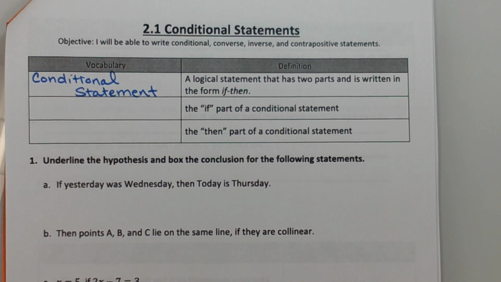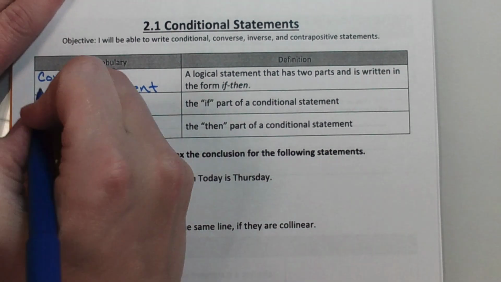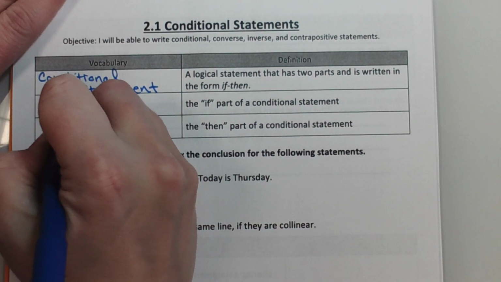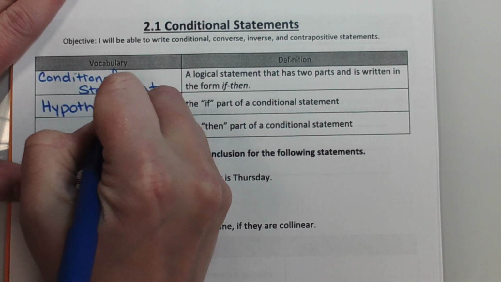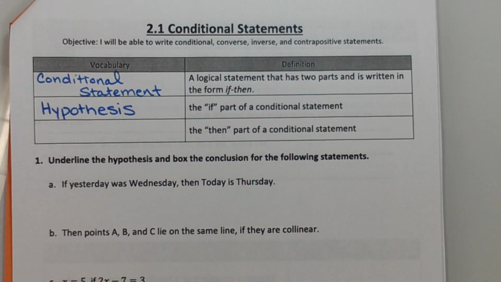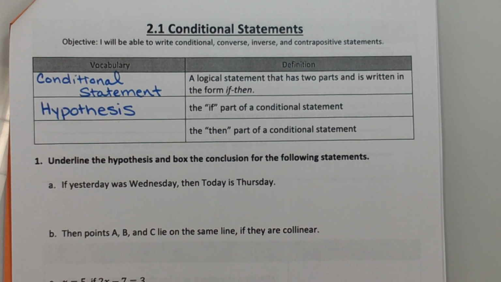So, when it comes to working with a conditional statement, the if piece is the condition. It's also known as the hypothesis. It's the thing that we're saying, in theory, is true. In theory, we're going to actually meet that if.